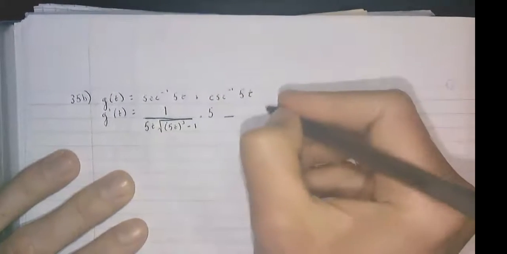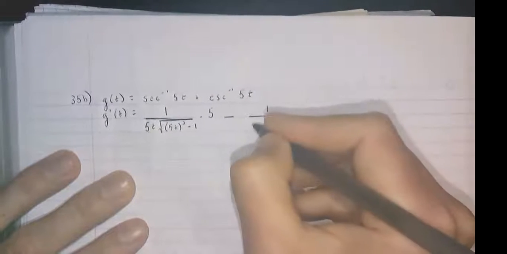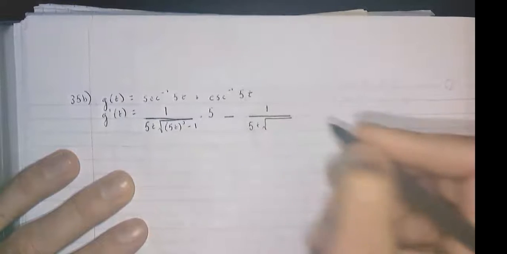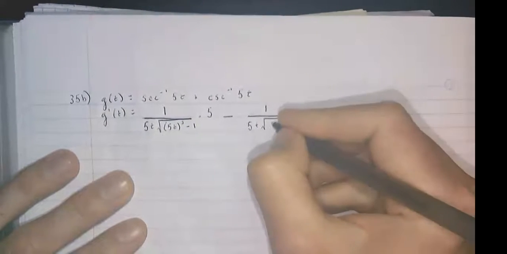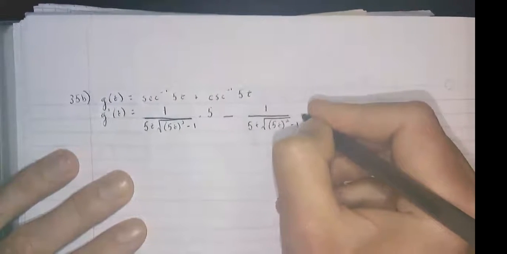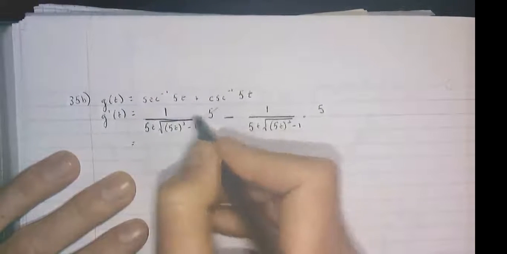You get minus 1 over u, still 5t, times the square root. Oh, that's why you get 0, because it just cancels out. But we'll get there. Over 5t squared minus 1 times the derivative of 5t, which is 5. So these 5s are going to cancel.